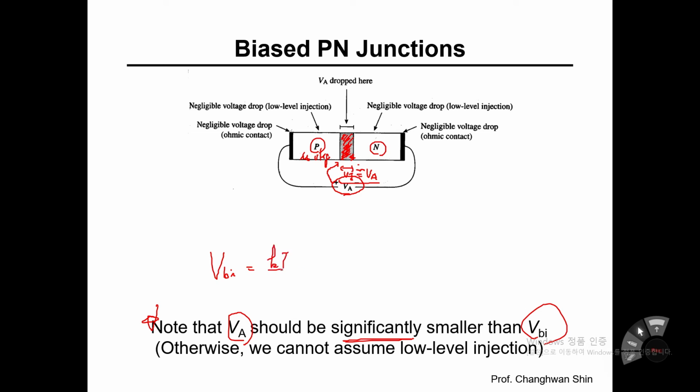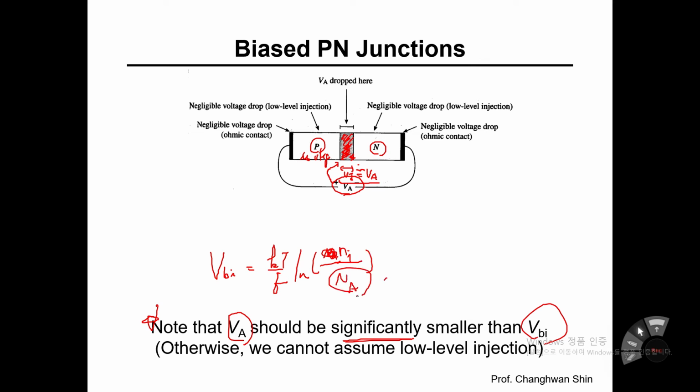As we learned last semester, the part of the built-in potential that comes from the P side, if I write down the equation, is kT over q times ln of Ni over NA.